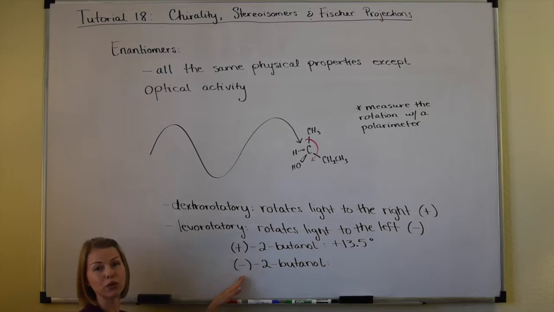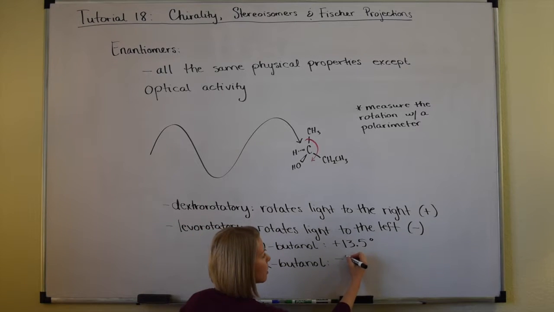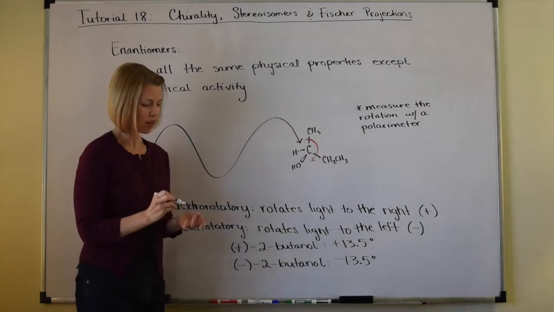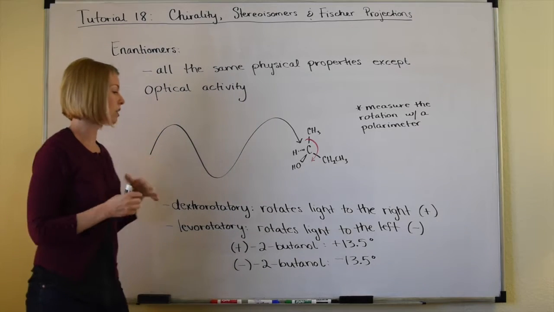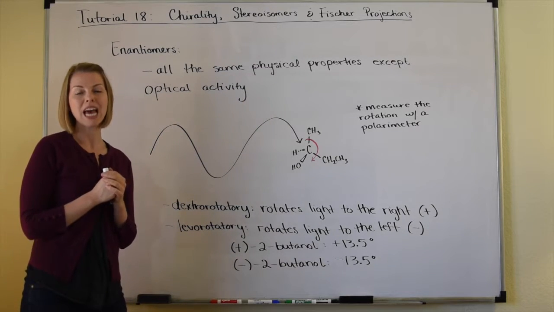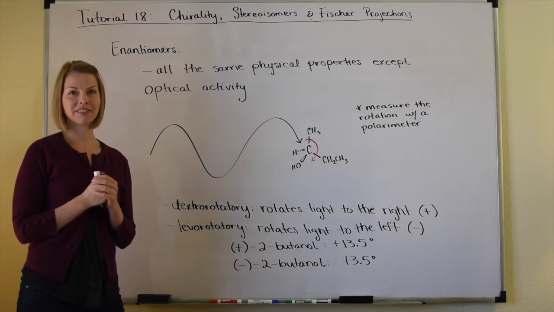It's the levorotatory compound, so it's going to be negative 13.5 degrees. Okay, so let's go ahead and erase all of this so that we can go on and talk about the chemical properties of enantiomers.